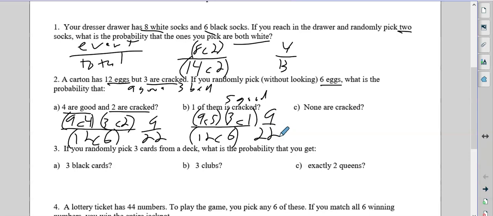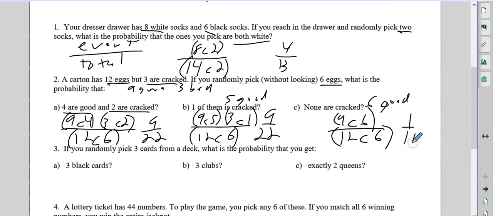How about none are cracked? Well, that means 6 good. So we're just looking at 6. This is kind of like number 1 with the socks. 6 from the 9 good and 6 from all 12. And that's 1/11. 1 out of 11.